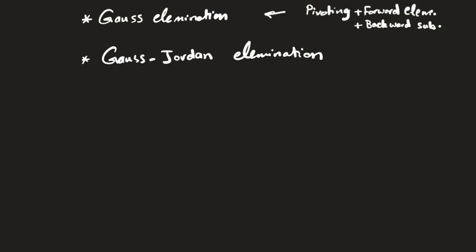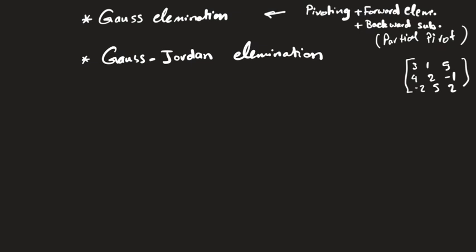So, for example, something called partial pivoting, just as a note. Let's say that you have this: 3, 1, 5, and then 4, 2, minus 1, and maybe minus 2, 5, 2, for example.